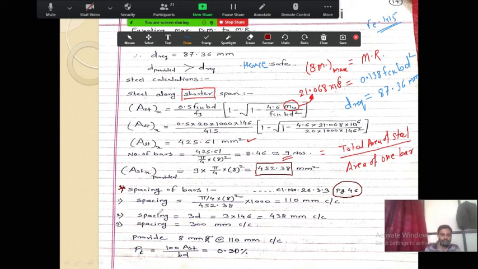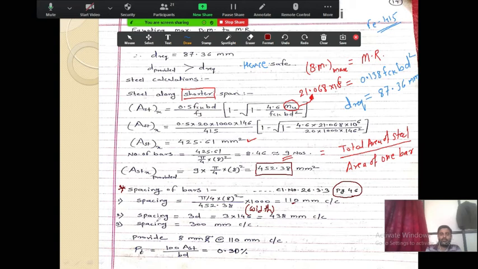So the spacing is equal to the area of a single bar divided by the area of steel provided, multiplied by 1000. It is always multiplied by the width. In our case the width is 1000, that is 1 meter. That is why we have multiplied this by 1000. So your answer is 110 mm.